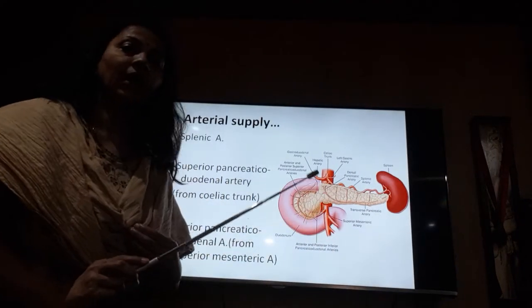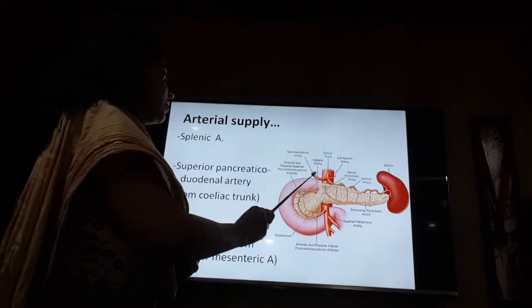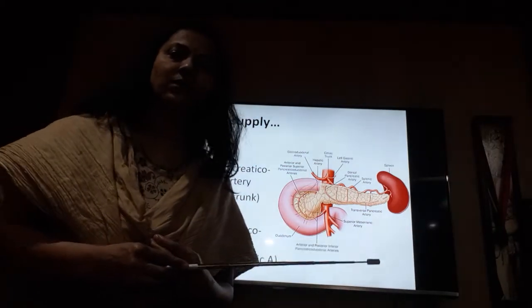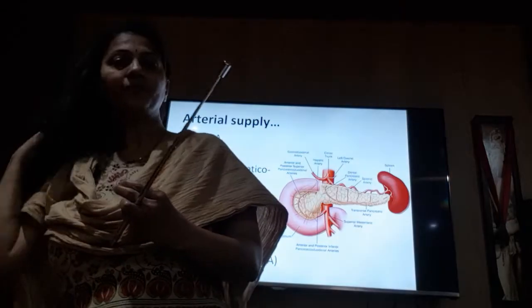Clear? And what is the source of the splenic artery? The source is this celiac trunk, and the celiac trunk was the artery of the foregut.